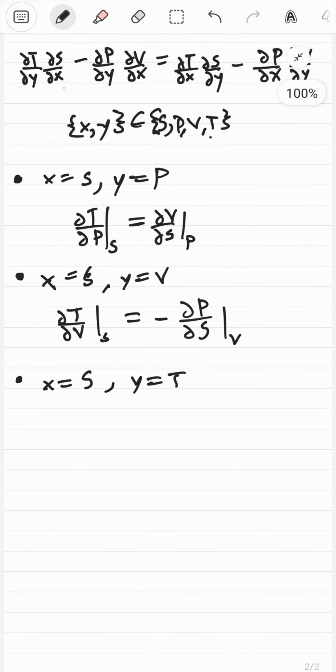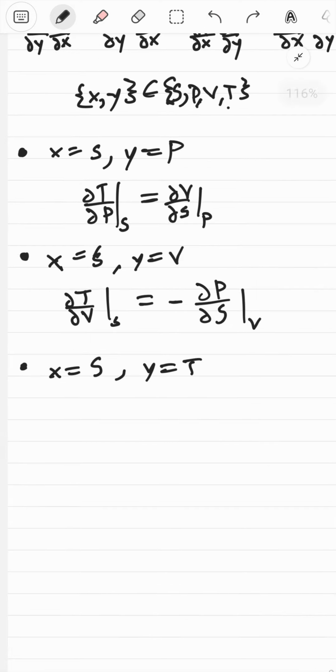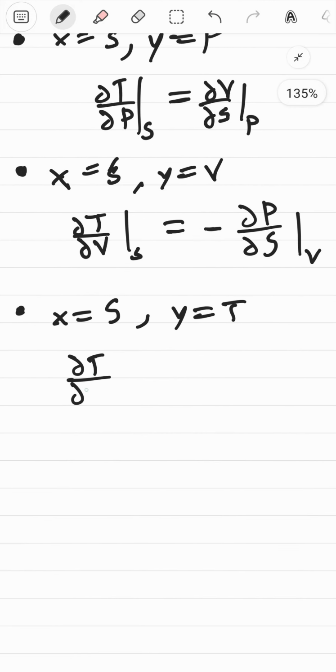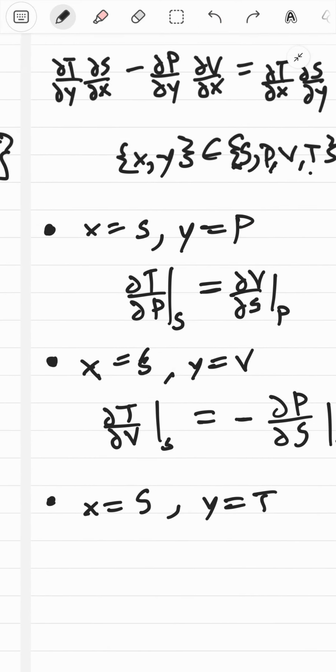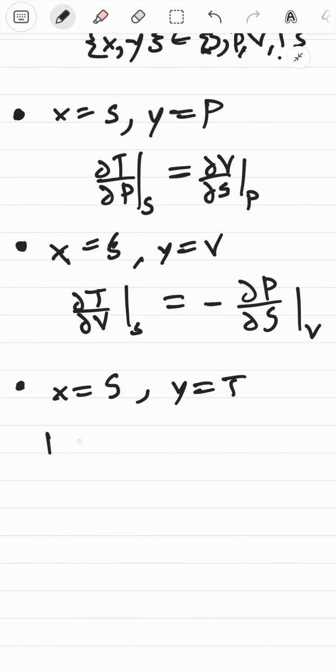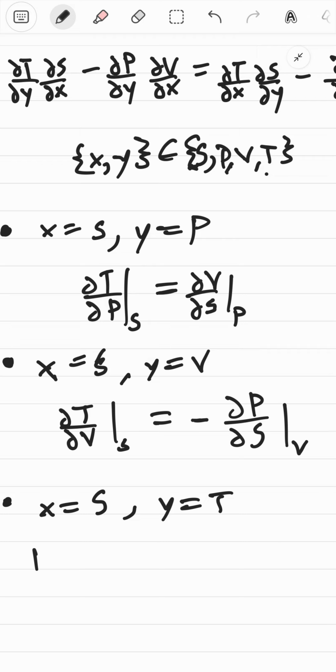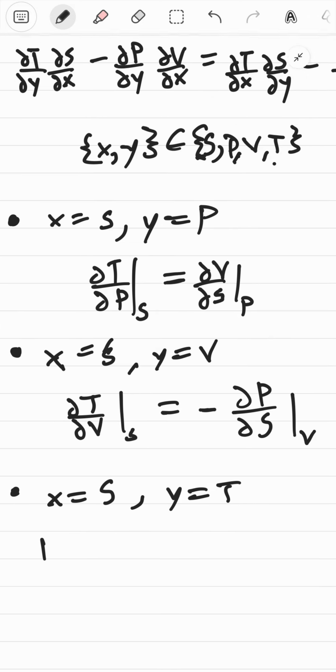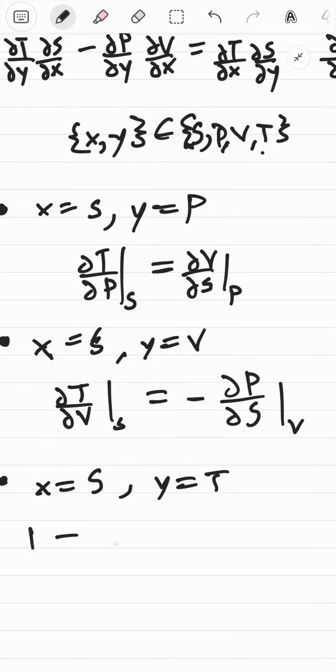So put x equal to s over there. This thing is 1, so we just have partial t by partial t. Okay, that's problematic. What is that? That's just 1, isn't it? So we just have 1, then minus partial p by partial y and partial p by partial x. So y is t, this thing is s. So minus partial p by partial s, no, t, and partial v by partial s.